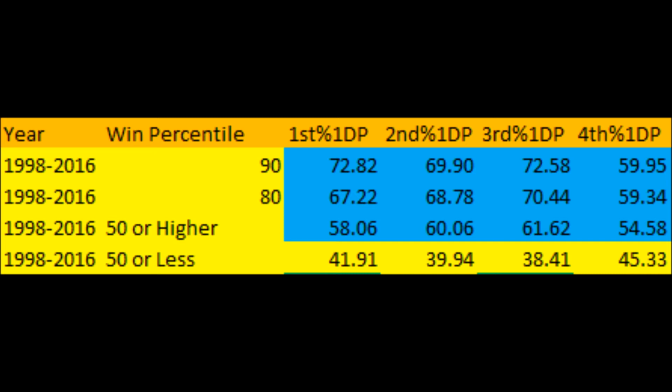If you're a 90 percentile winning team, which means you win 13 or 14 games, you're a high-end winning team, getting a first-round bye, all that kind of stuff. 80 percentile wins, typically you are in the playoffs. Pretty much every single one of those teams is in the playoffs. 50 percentile is basically a .500 football team or higher, and 50 or less is pretty self-explanatory. That's basically losing football teams, and these are the averages for those types.